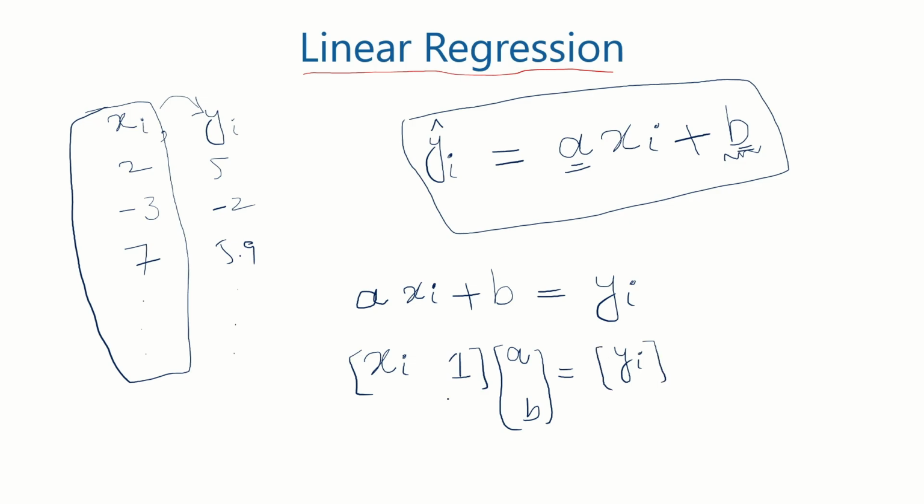So that's an array xi, and these are the parameters that we really want to find out, and that's the ith data point. This matrix multiplication happens like so: xi multiplies with a, 1 multiplies with b, and you add them up, and you get the same equation back.